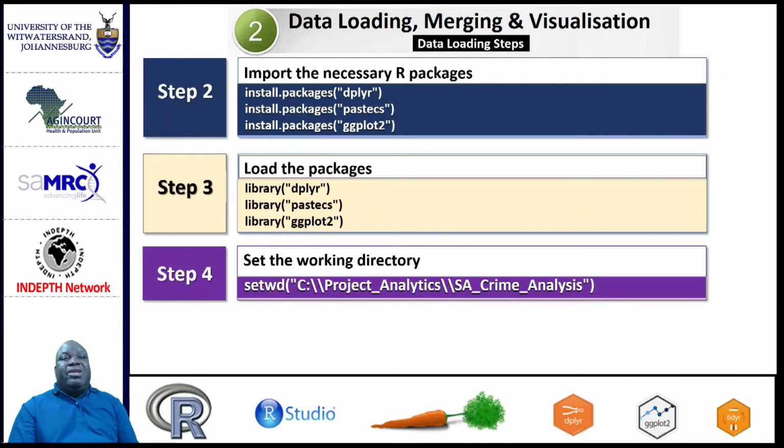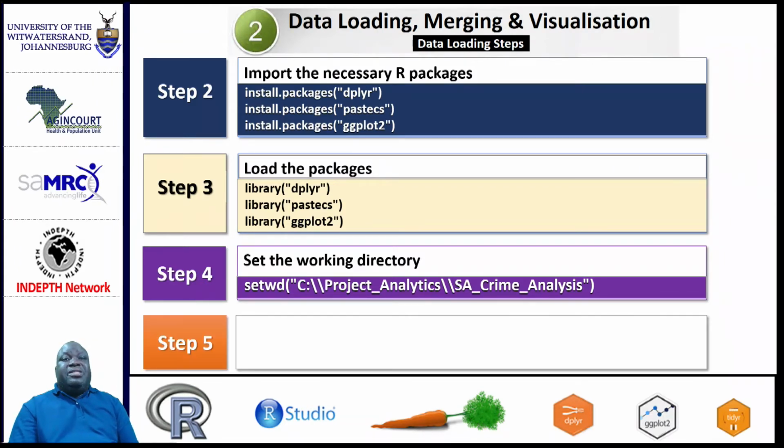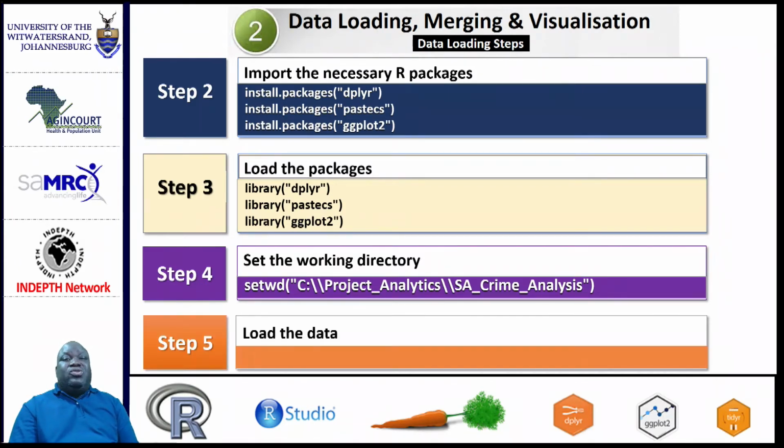So that is my directory. It's actually a folder on my computer where I would like my course and the other relevant documents to be stored. Step number 5 is to load the data.